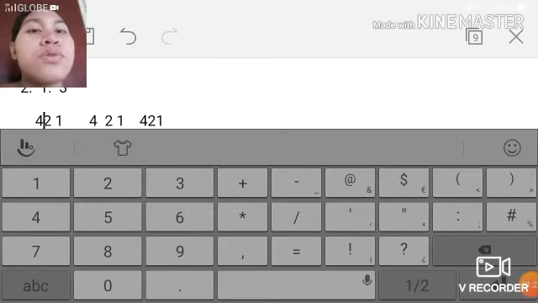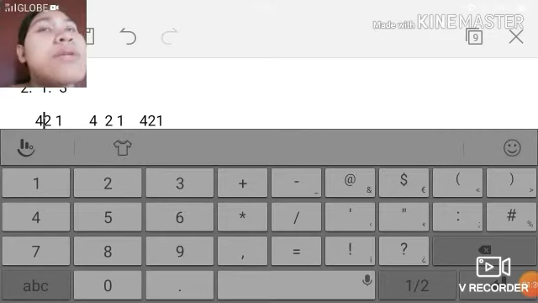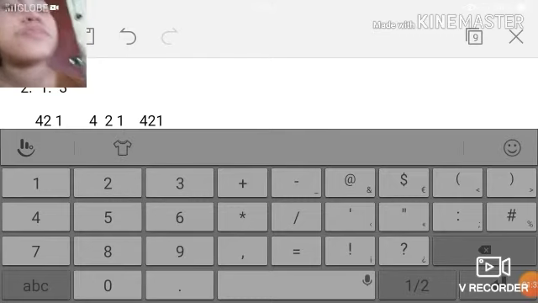We're just going to use 3 bits because in octal we use 3 bits.